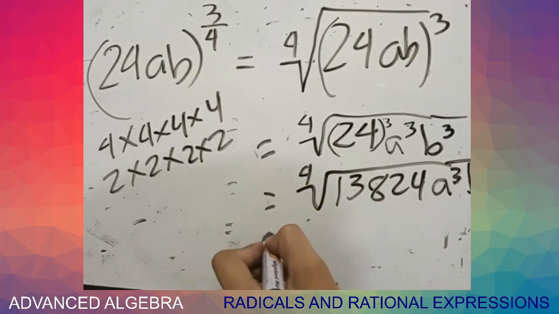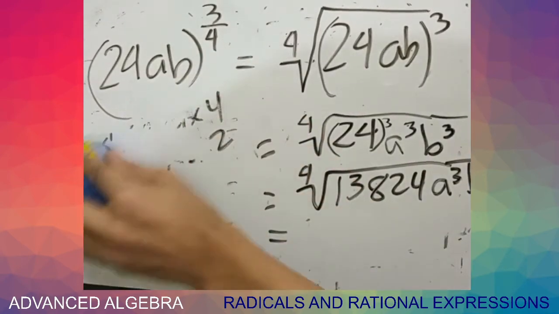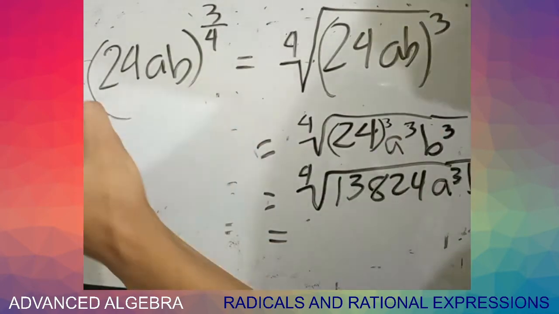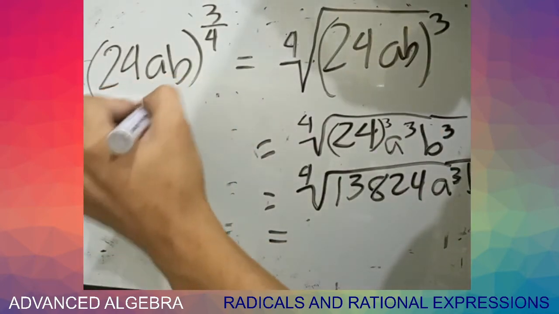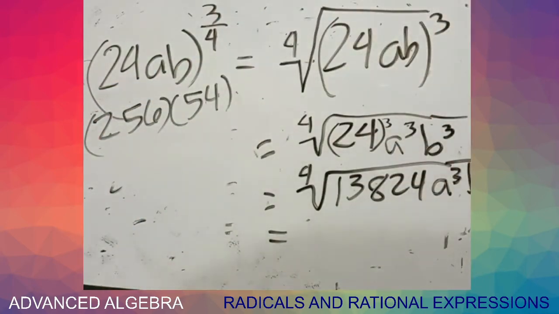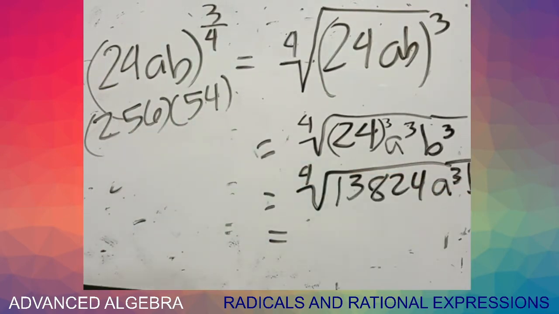Okay? So, yung pinakamalapit, 256 times 54. Okay. So, sa 256, meron na siyang fourth root. Si 54, 54 divided by 16. So, wala. 2, 4, 8, 16. Parang wala na.